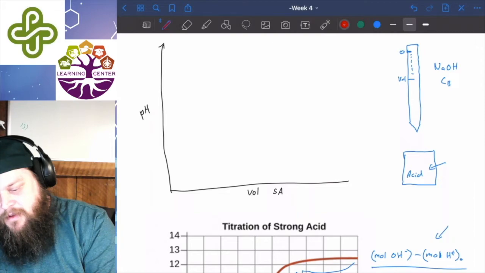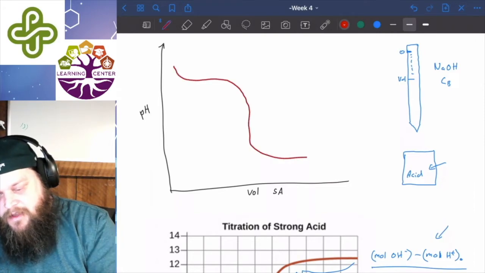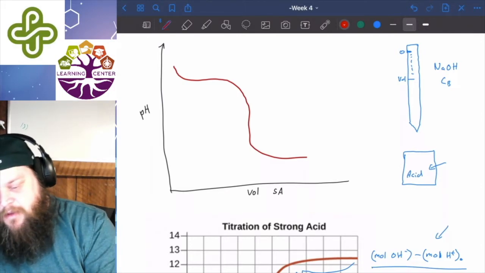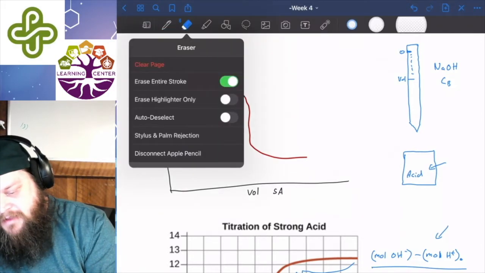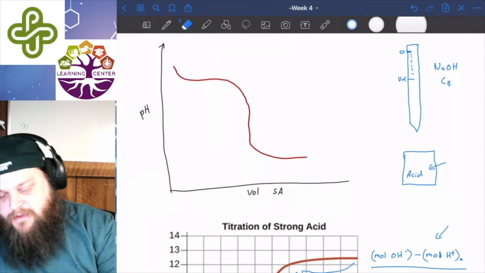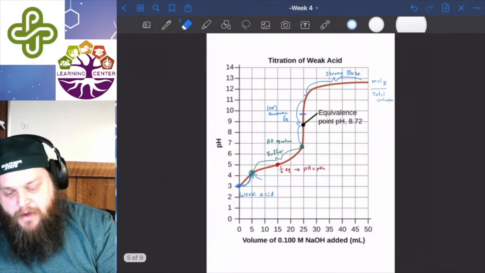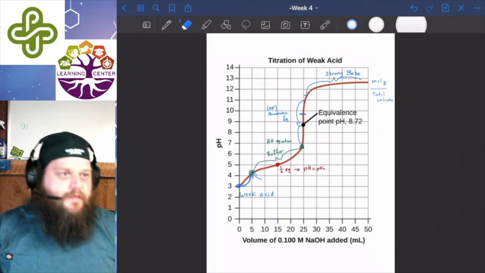See if I can draw this properly, where it curves up and then it levels off a little bit and then goes down. This would look a little more like a weak base being titrated with a strong acid. If I drew it right, it's supposed to be just the flip of this one here.